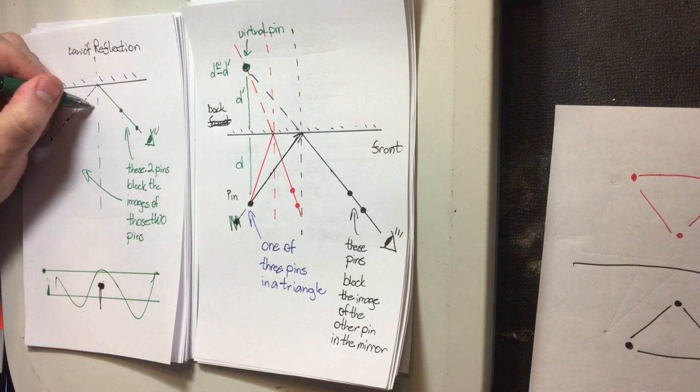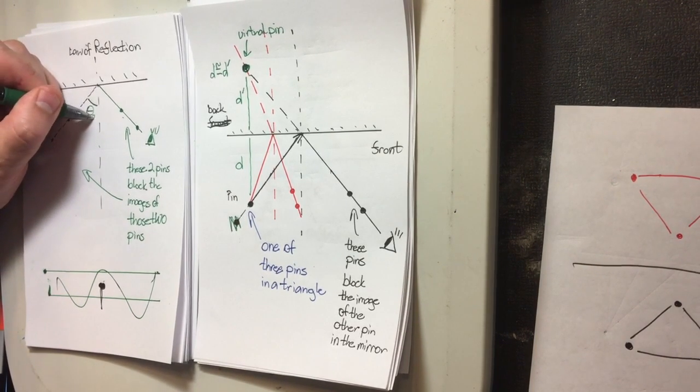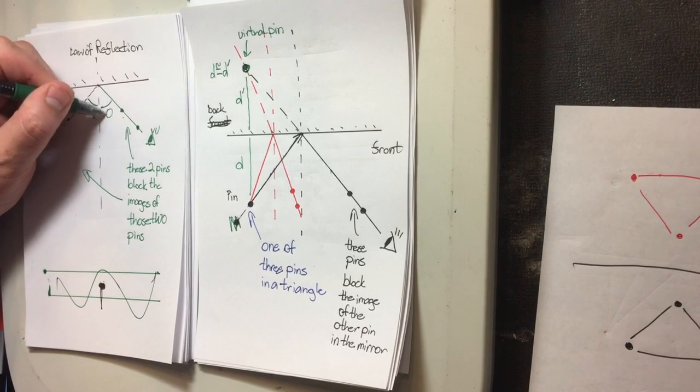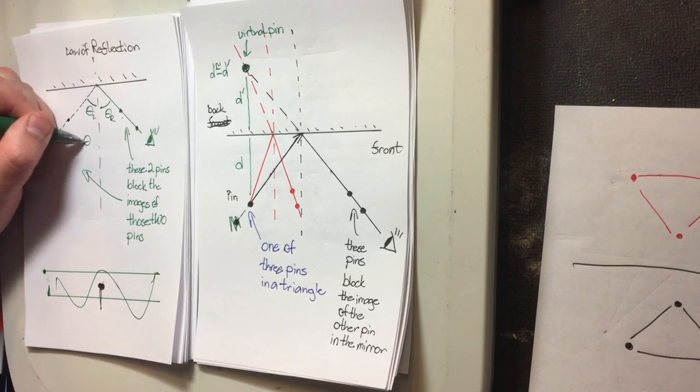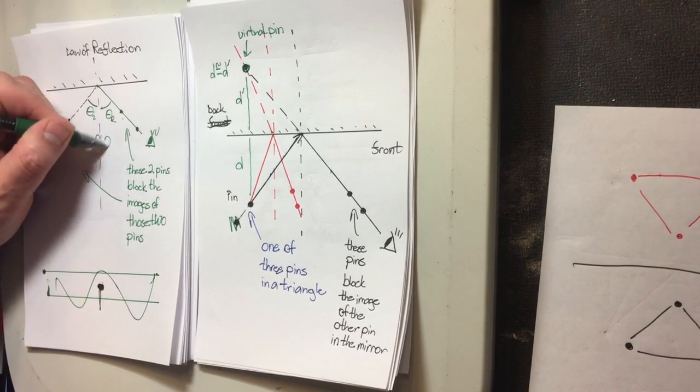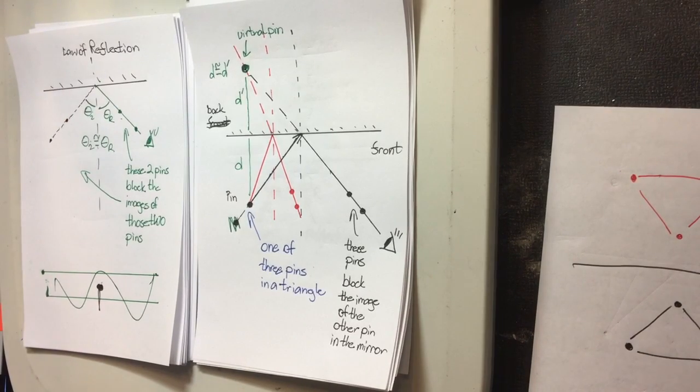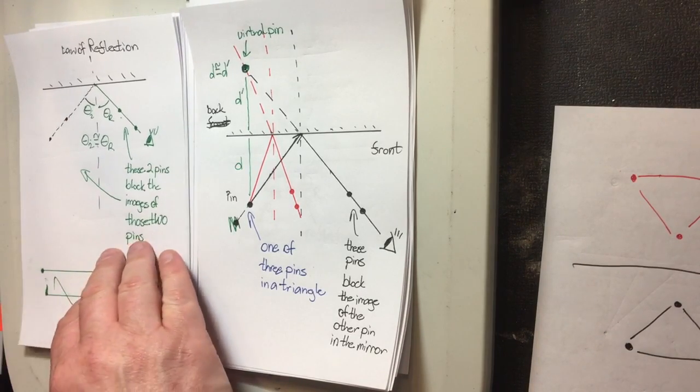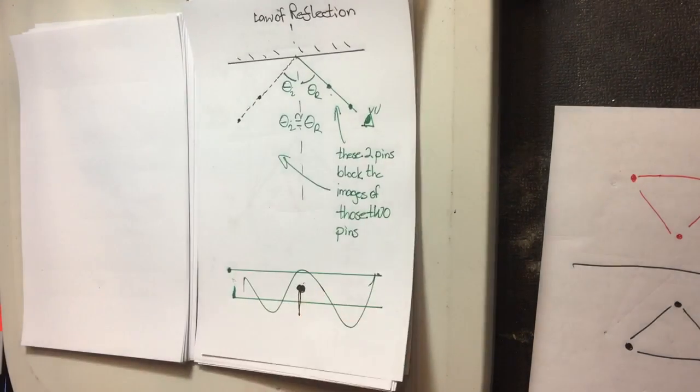And what you're going to do is measure that angle, measure that angle, and show that theta I effectively is equal to theta R. And so that's all you need for that part. We got reflection, refraction. Okay.